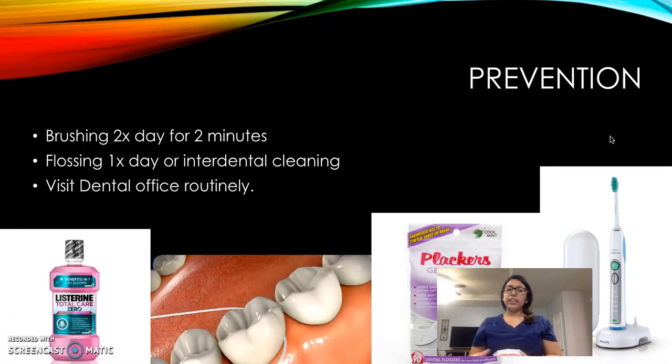A very important invention that has come up in today's society that has definitely changed the dental industry is our power toothbrush, which we see right here is an example, a Sonicare. It doesn't matter if it's a Sonicare or an Oral-B, as long as you're trying a power toothbrush, it does help reduce that plaque in the mouth.